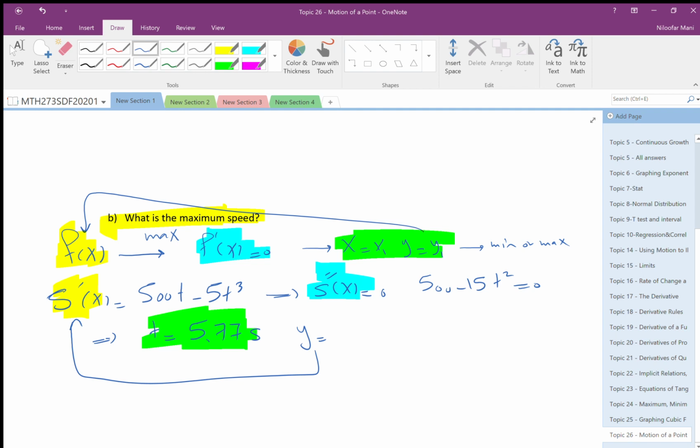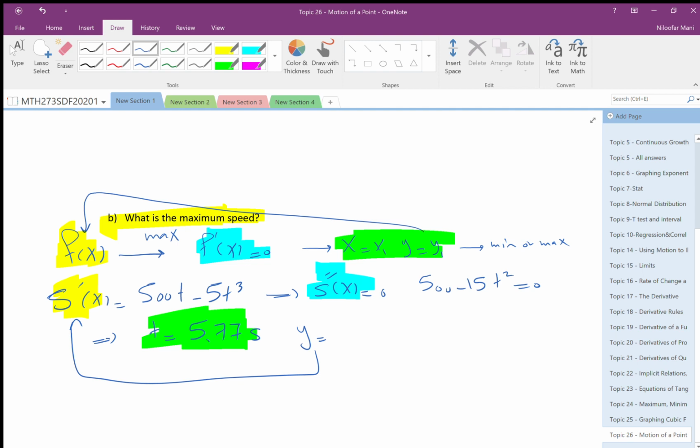This is my point, so I multiply it with 500 minus 5 times 5.7735 cubed.